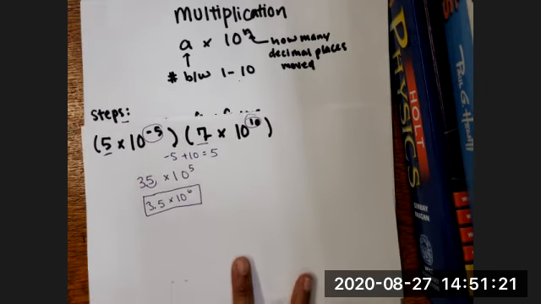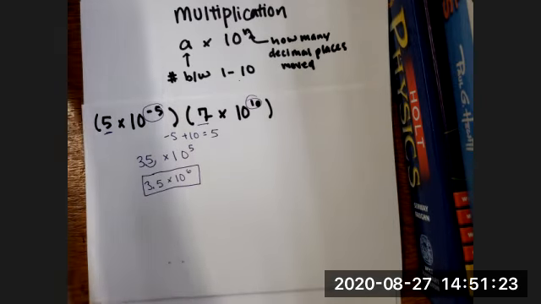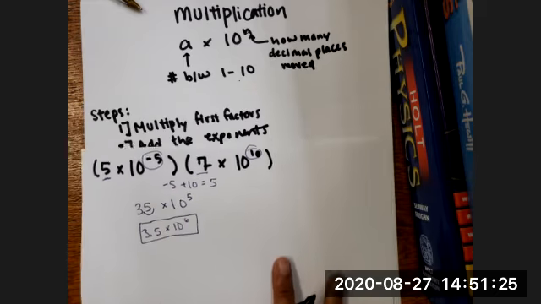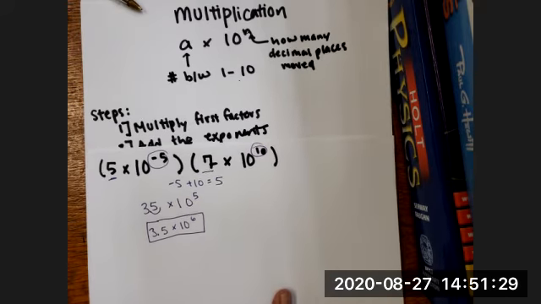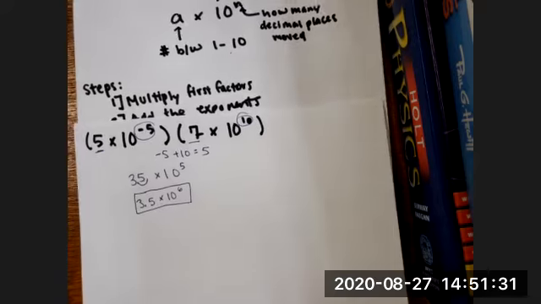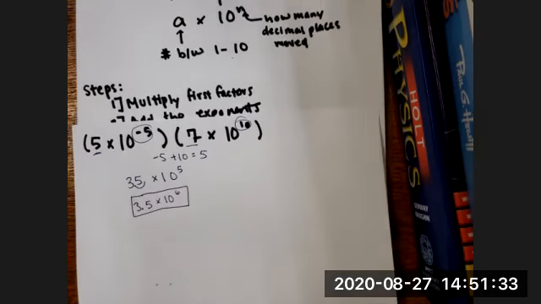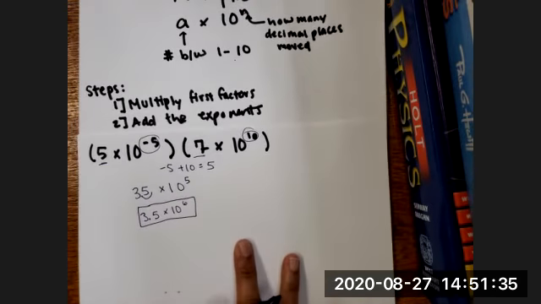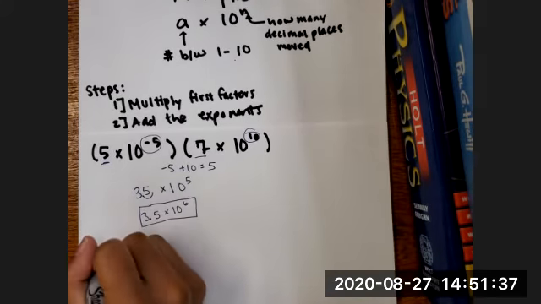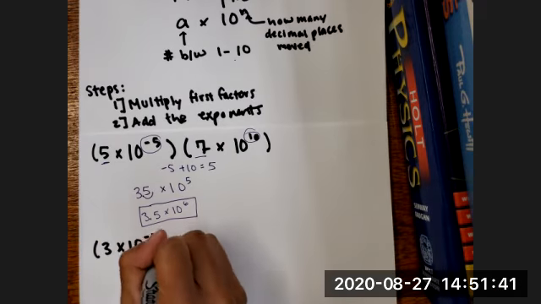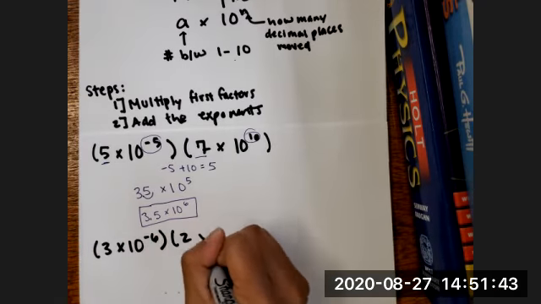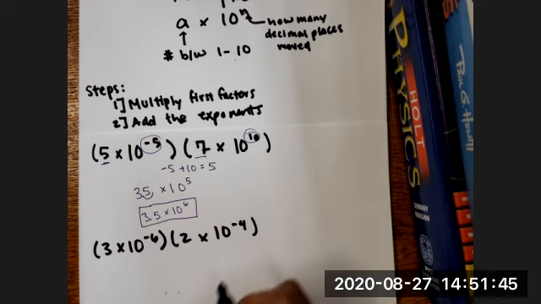And then the last question on the notes, let me scoot that up a bit, is going to be (3 times 10 to the -6) times (2 times 10 to the -4th).